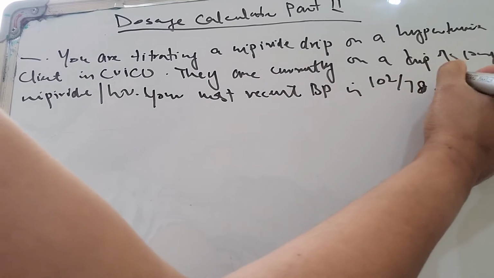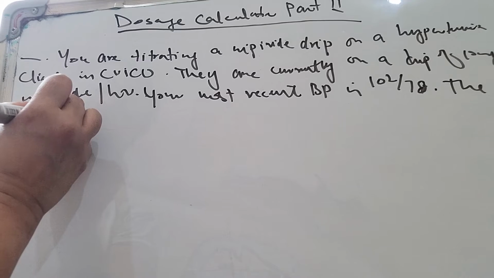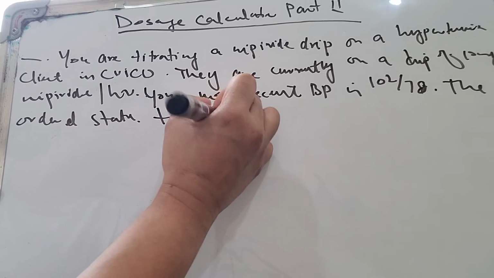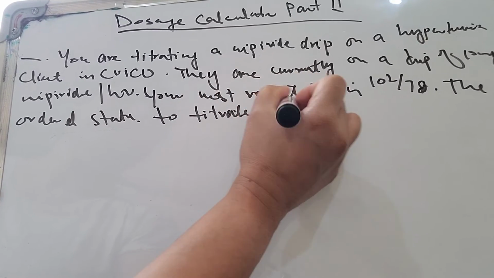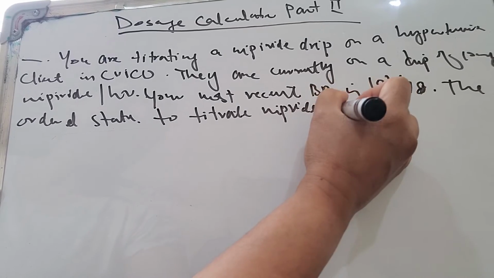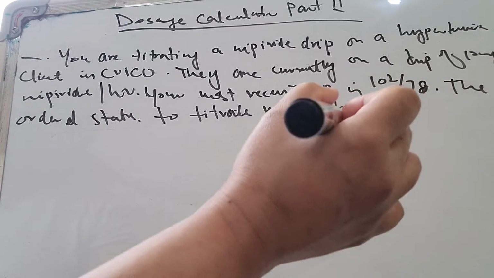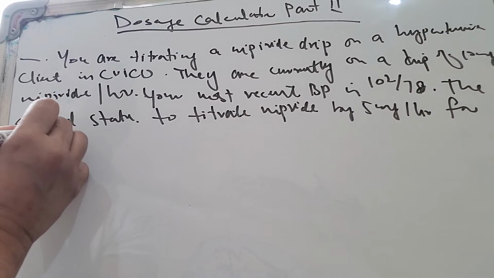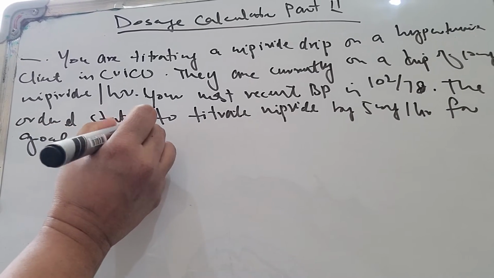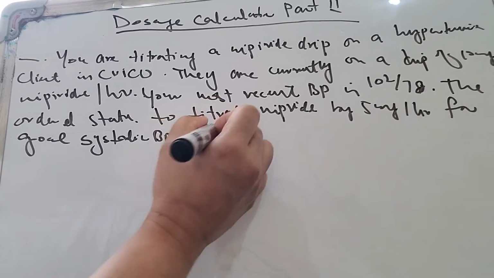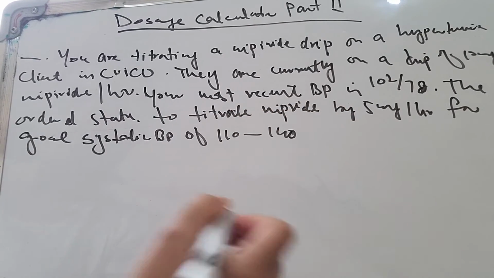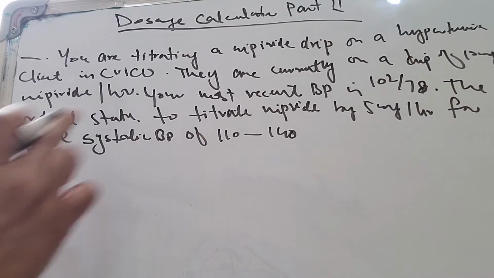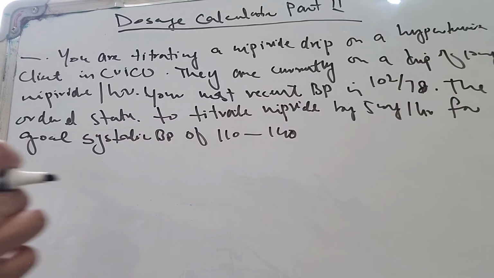The order states, the doctor states, to titrate nipiride by 5 milligram per hour for a goal systolic BP of 110 to 140. So how much will we titrate? 5 milligram per hour for a goal systolic BP of 110 to 140.